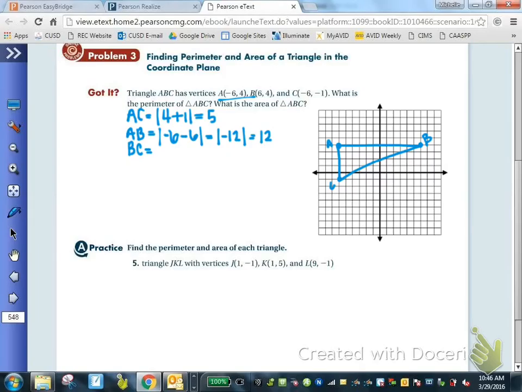So to find BC, let me move this down just a second. BC squared equals a squared, which is, let's do 5, plus b squared, which is 12.